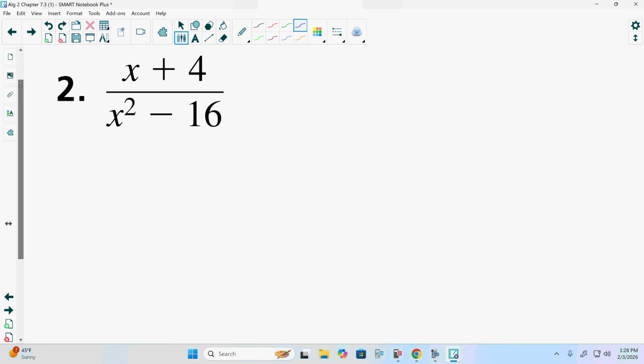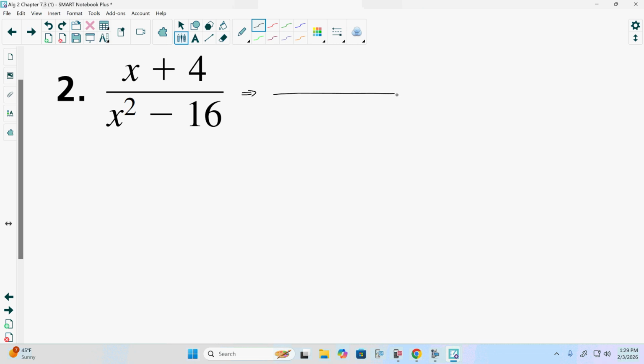Let's see here. We'll do this one here, and then we'll stop after this because we are essentially out of time. If we look at this here, factoring the top and bottom, well, x plus 4 on top, there's no greatest common factor between x and 4.